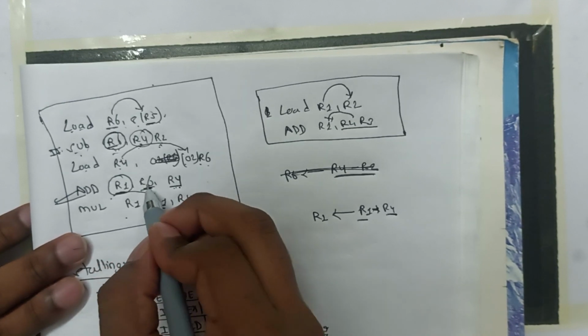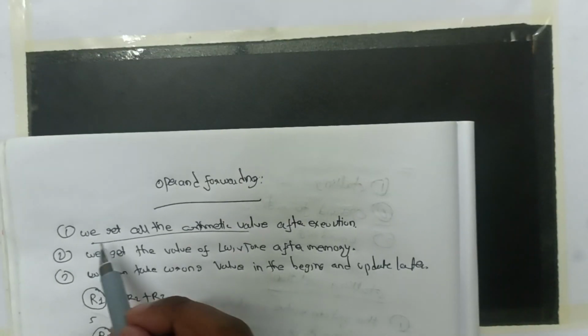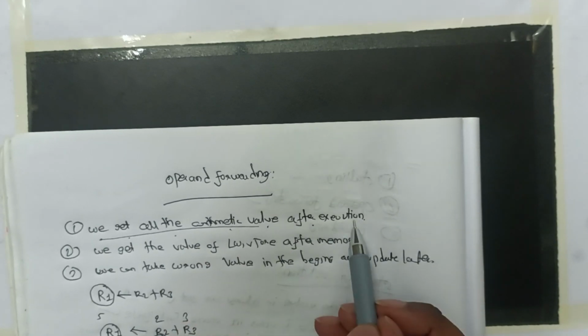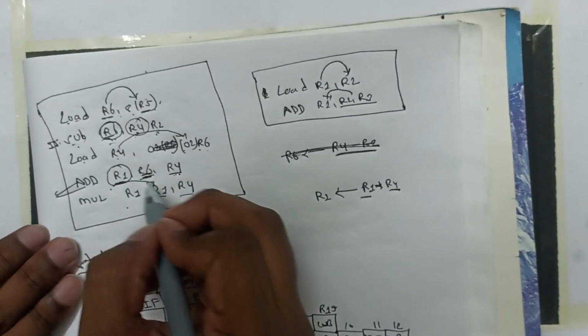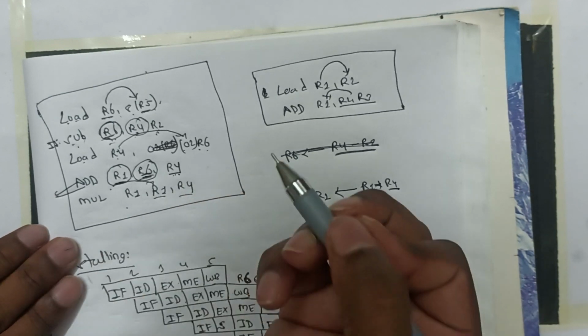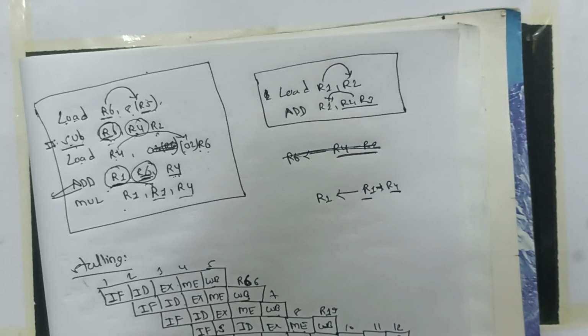Now this R6, R4, R1. Is there any dependency? Yes, this R6 is dependent on this. And I told you in operand forwarding, we get all the arithmetic values after execution, and we get the value of load and store after memory. It means we get the value of this R6 after the execution of the subtraction. Also, first of all we can take the wrong value of the registers, but before the execution we have to update it with the right value.